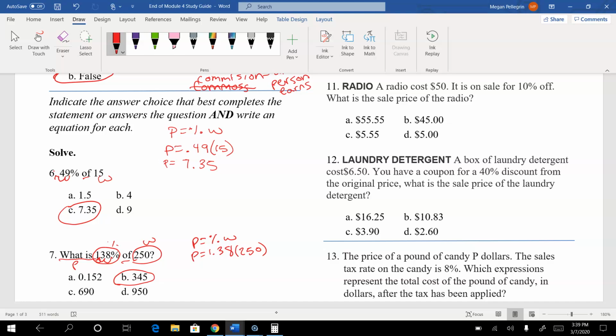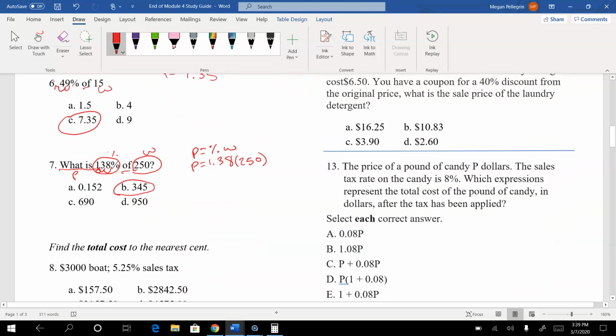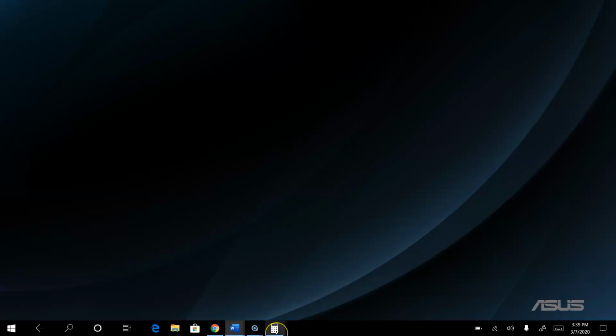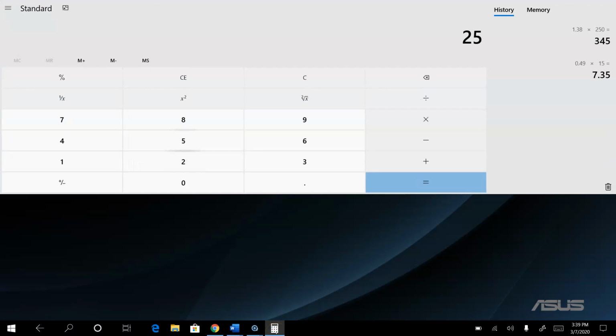Okay. Be careful when you are working problems like this. Let's see, 250 times 138. That doesn't give us one of our answer choices, but let's see. 250 times 13.8.